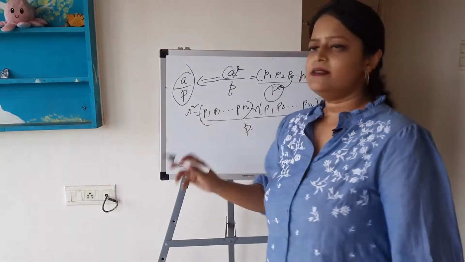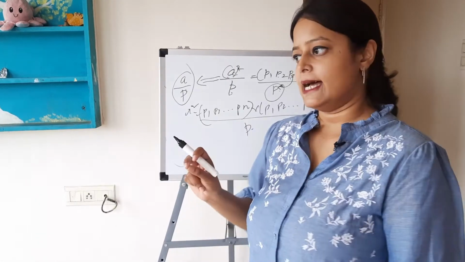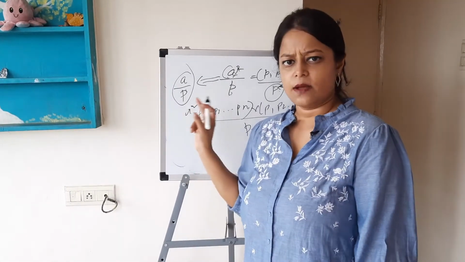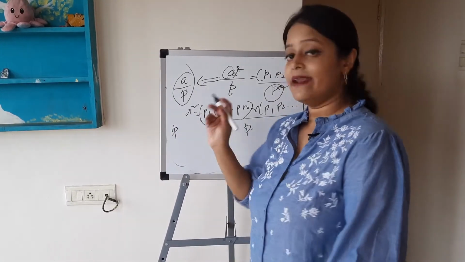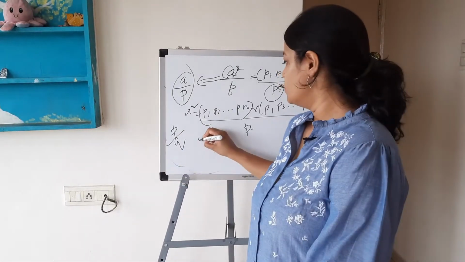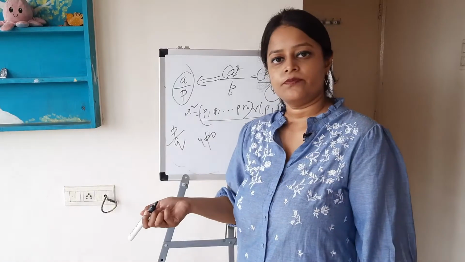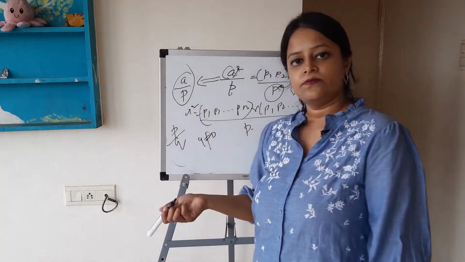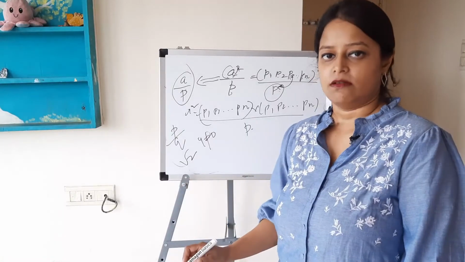What this theorem is basically used to prove, where is this coming from actually? We have learned that an irrational number cannot be expressed as p divided by q, where q is not equal to 0, and p and q are integers. So how do we prove that root 2 is irrational?